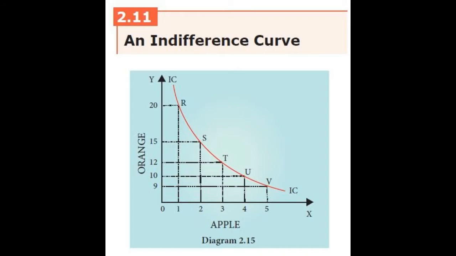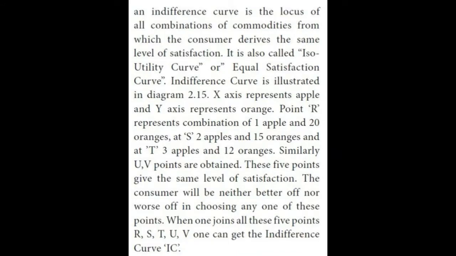In the diagram, the x-axis represents apples and the y-axis represents oranges. Point R represents the combination of 1 apple and 20 oranges. Point S represents 2 apples and 15 oranges.